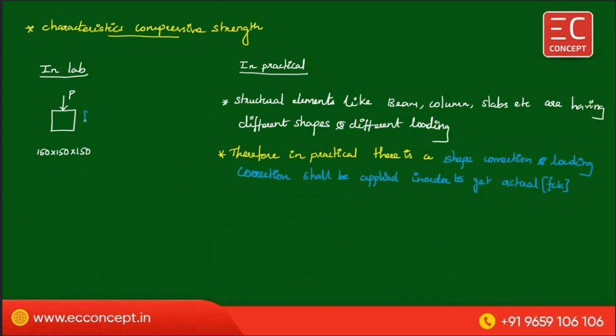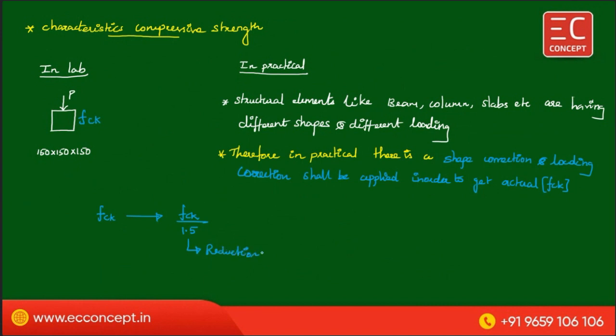The lab strength is FCK, but the actual FCK is not the lab FCK. Therefore, FCK will be reduced to FCK divided by a reduction factor.